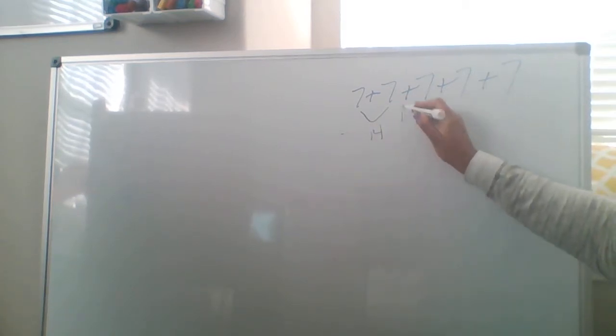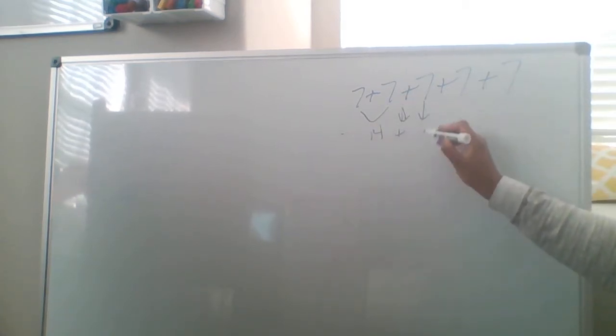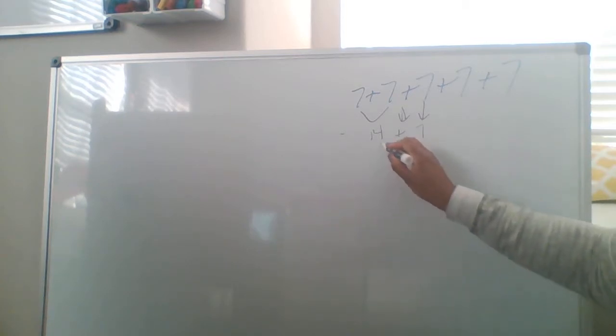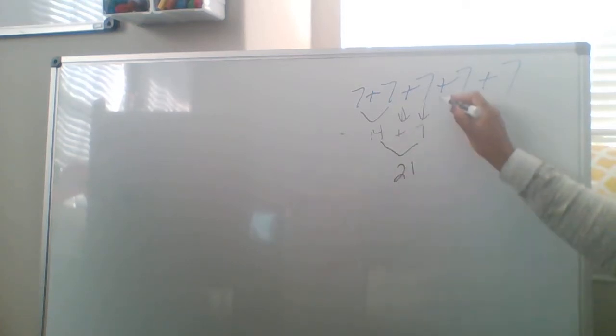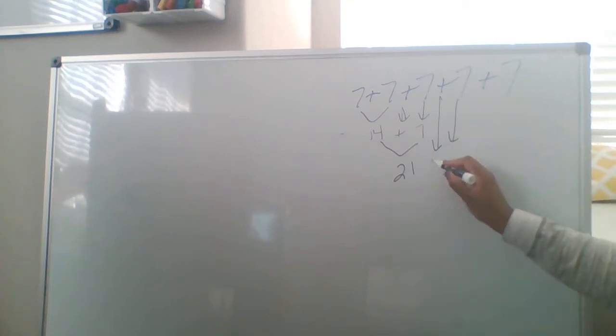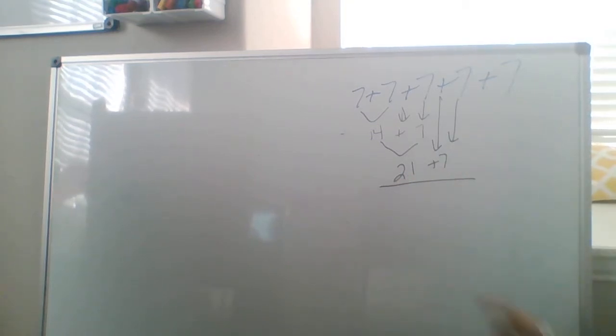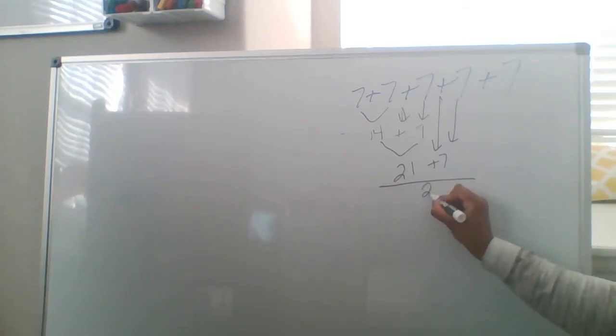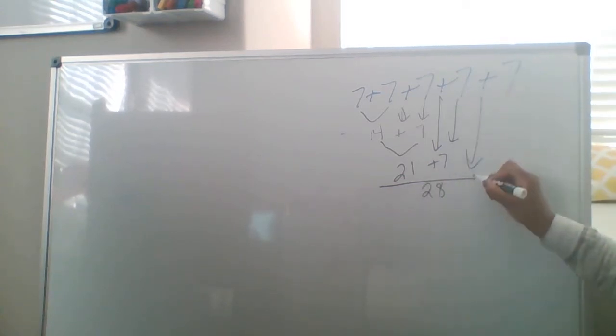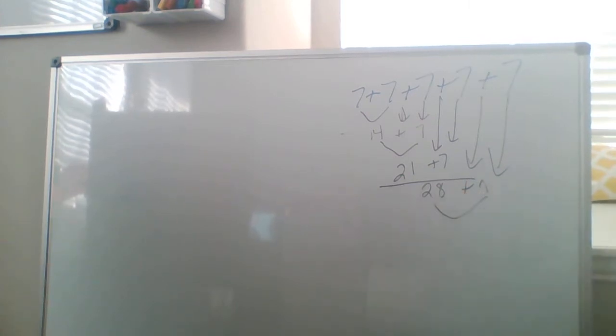I'm going to bring down my sign, bring down my next number. That's going to give me 21. I'm going to bring down my sign, bring down my number. 21 plus 7 is 28. I'm going to bring down my sign, bring down my number. Okay? 28 plus 7 is 35.